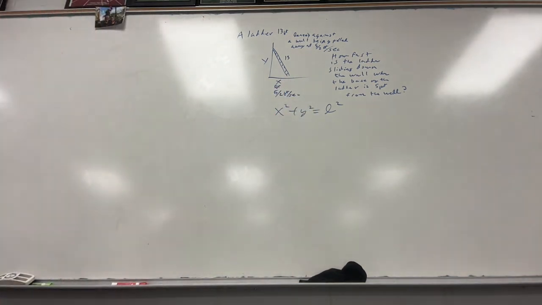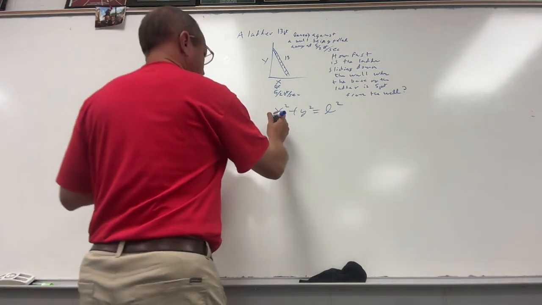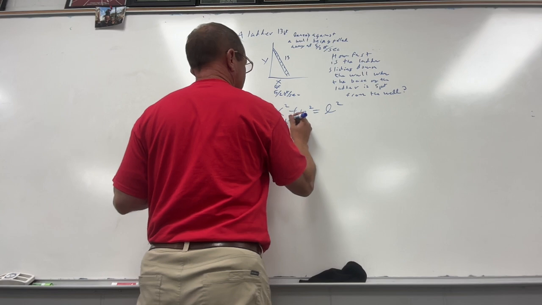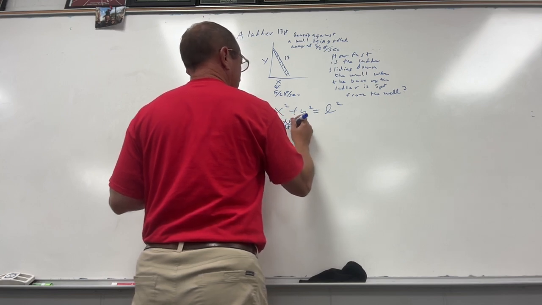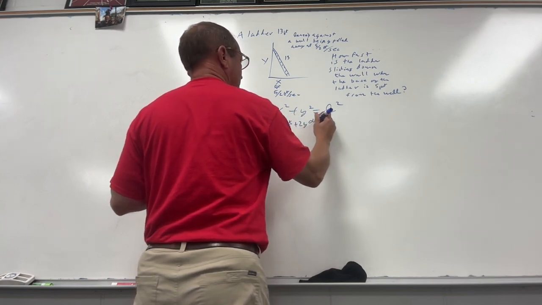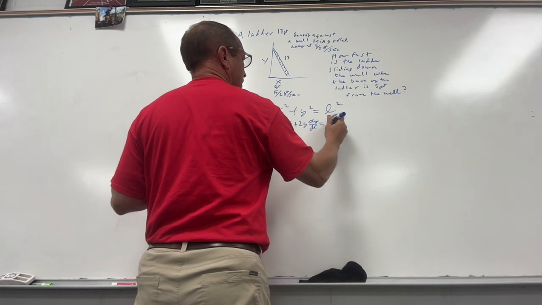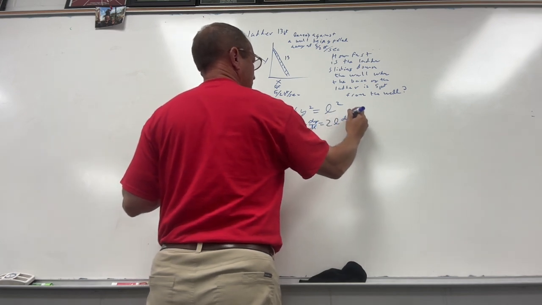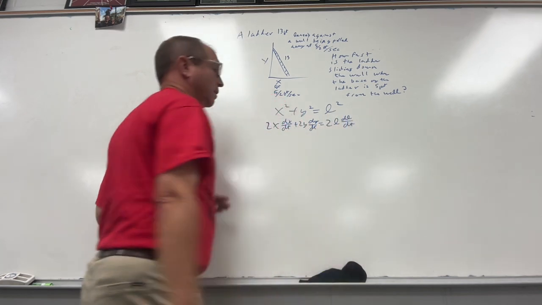So from that, we're going to take the derivative of this. So we get 2x dx dt plus 2y dy dt equals 2l, and then it's dl dt.